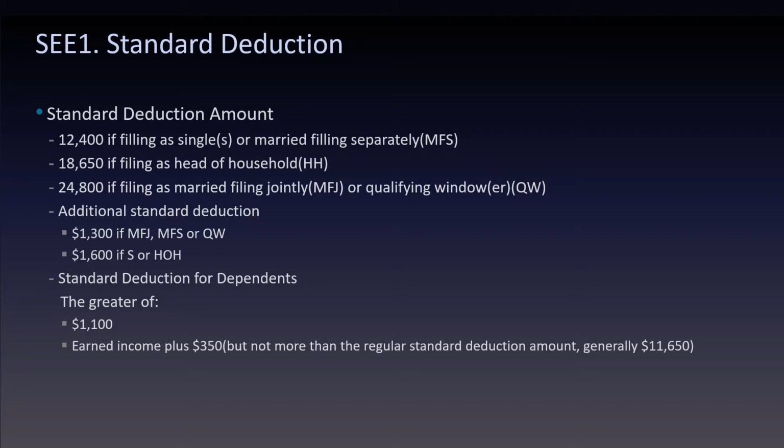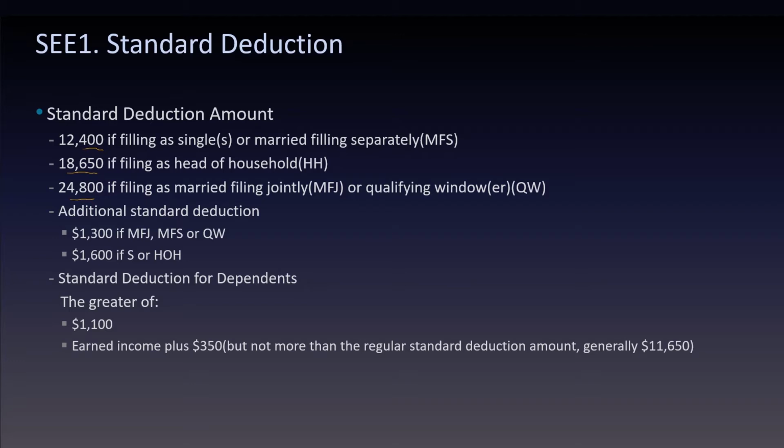So for the current year, the standard deduction amount, which is the flat amount, is $12,400 if you are filing as single or married filing separately, $18,650 if you are head of household, and $24,800 if filing as married filing jointly or qualifying widower.